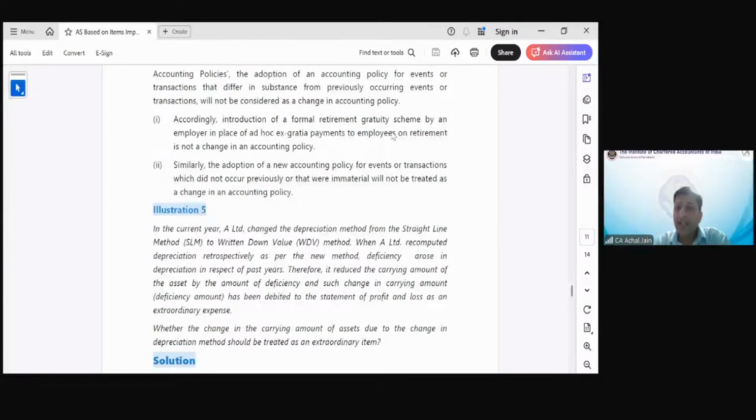Then I think she's saying depreciation is an accounting estimate. Change can be made prospectively only. Okay, so the treatment is not in line with what is required to be done. It's a change in estimate, not extraordinary. Mohammed says yes, it's a change in policy. Tanu says it's a change in policy. Okay.